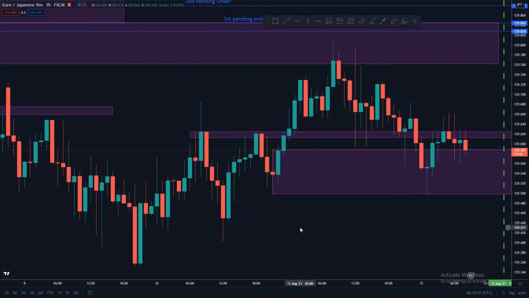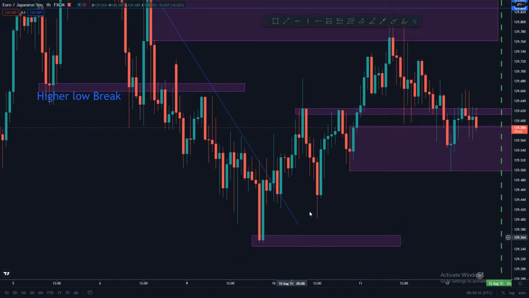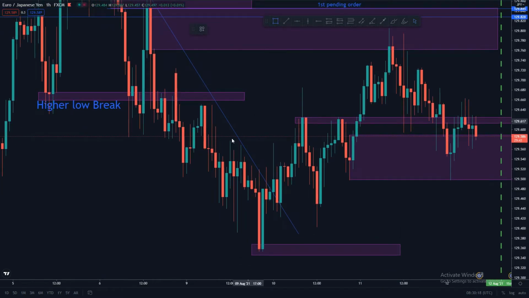The market was going down from this place up to here, and then it formed this level down here, and then it is not well clear.